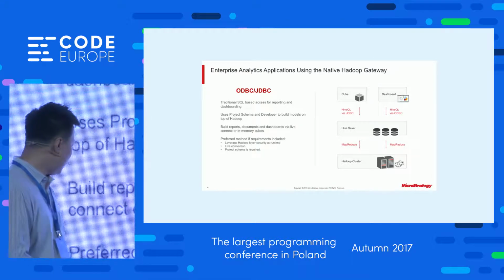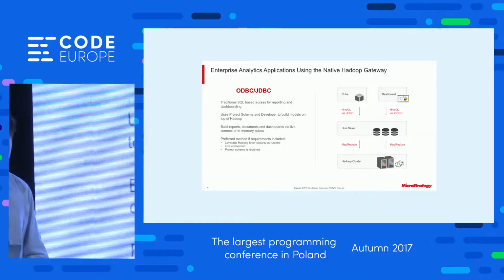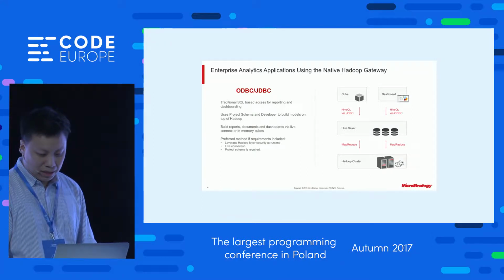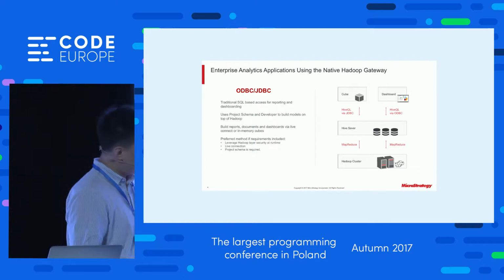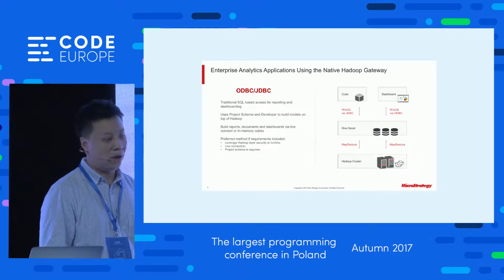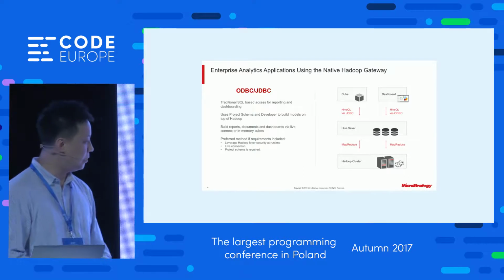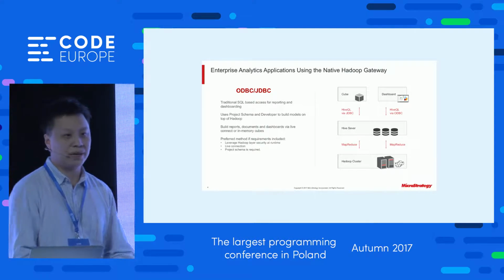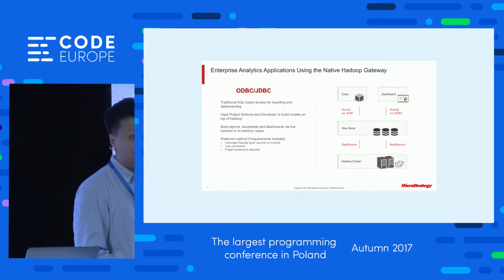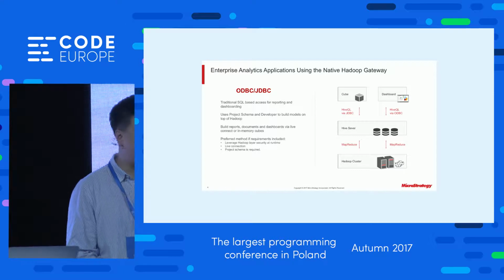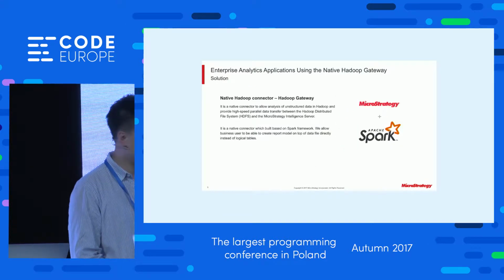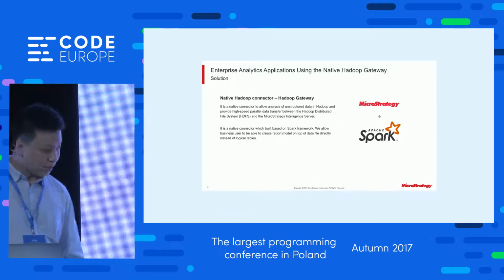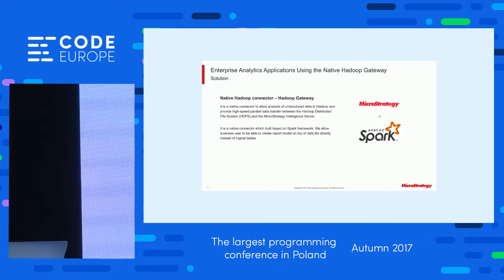Secondly, with JDBC and ODBC there can be a lot of bottlenecks when transferring a large amount of data from the Hadoop system to the MicroStrategy Intelligence Server. So what's our solution here?